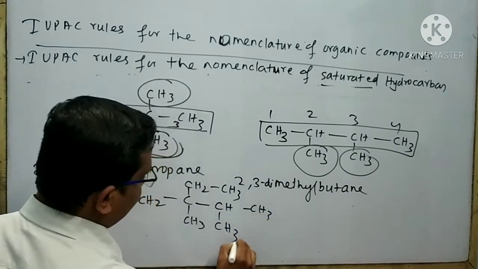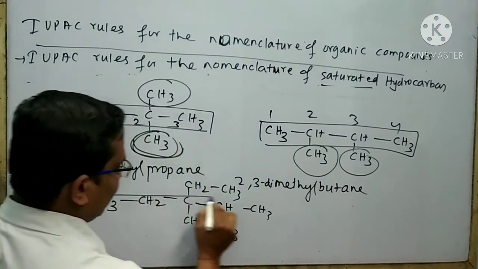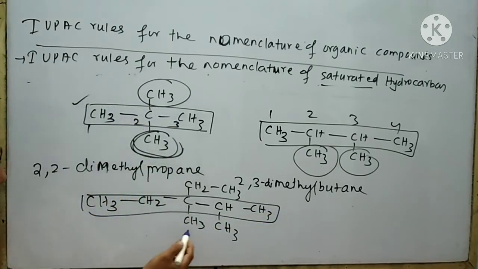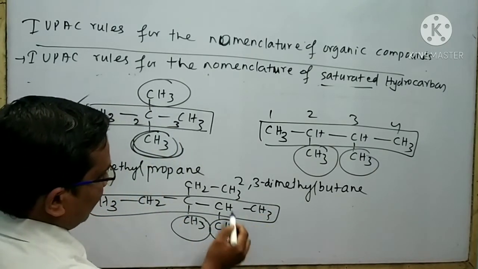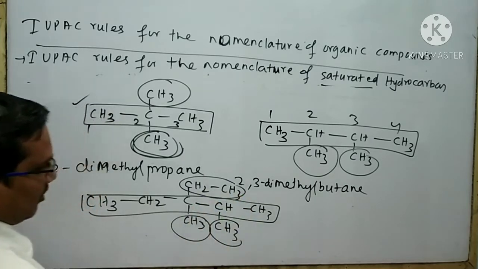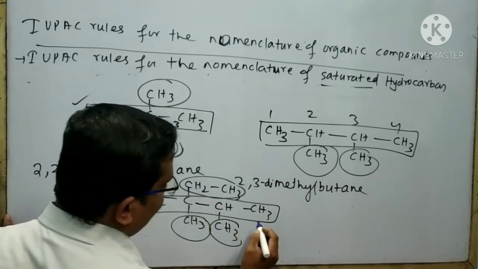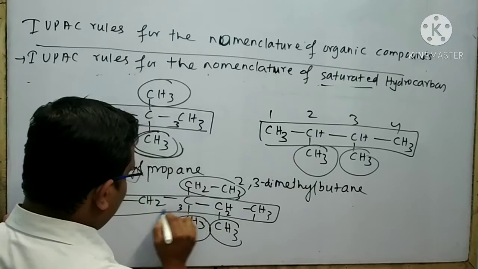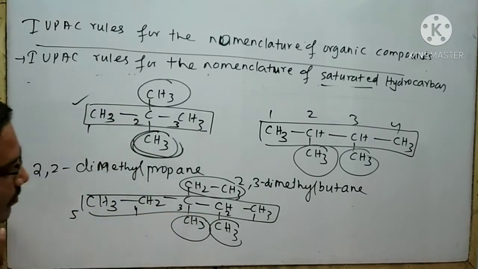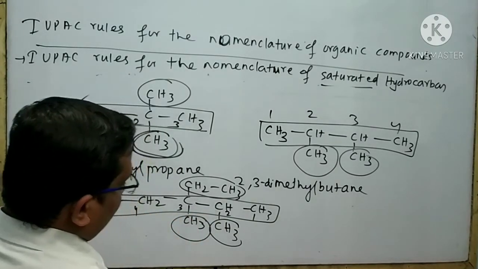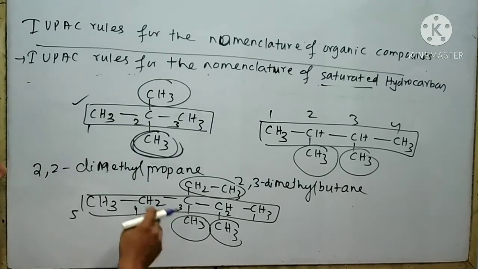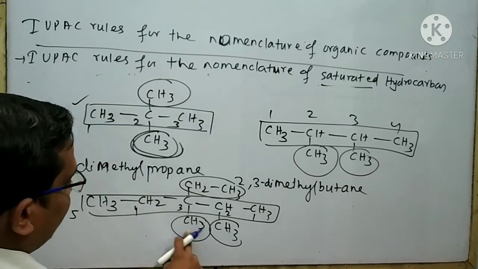Take another example: CH3 bond CH2 bond C bond CH2 bond CH3, with CH3 bond CH bond CH3 bond CH3 substituents. This is the parent chain. There are 3 side chains present. It is bound to start the numbering like this: 1, 2, 3, 4, 5. Here two same substituents are present and the third substituent is different from these two.